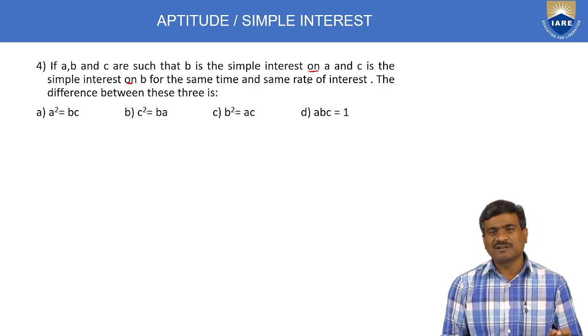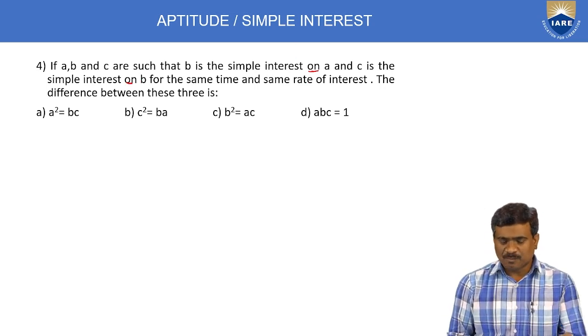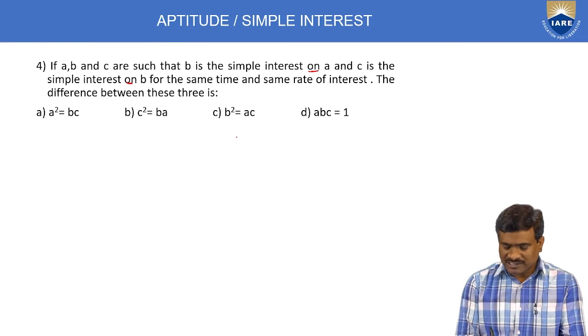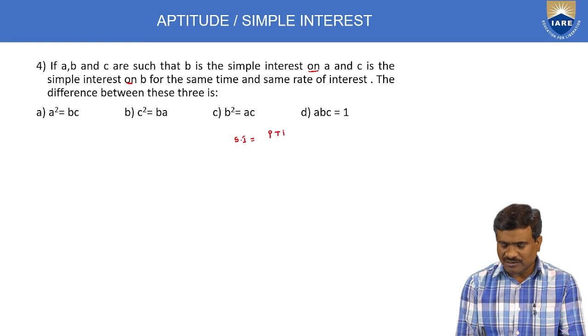First statement: principal amount A, simple interest B. Next, apply the simple interest concept. Simple interest is equal to PTR by 100. Simple interest B, principal amount A, time and rate of interest are the same, so B is equal to A into TR by 100.